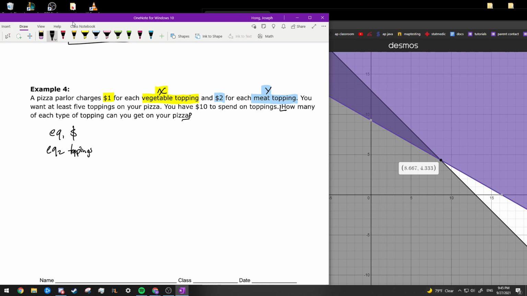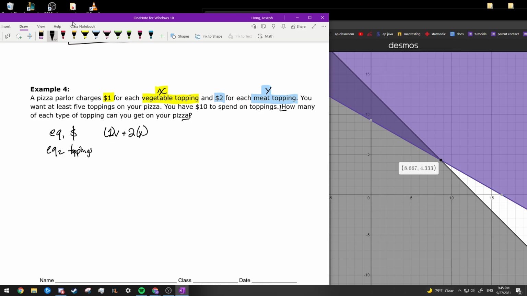So for the money, if I put $1 per vegetable topping plus $2 per meat topping, I need to use Y. You have $10 to spend on toppings.